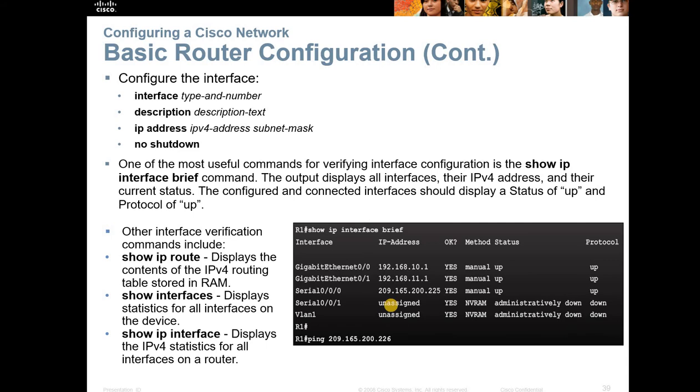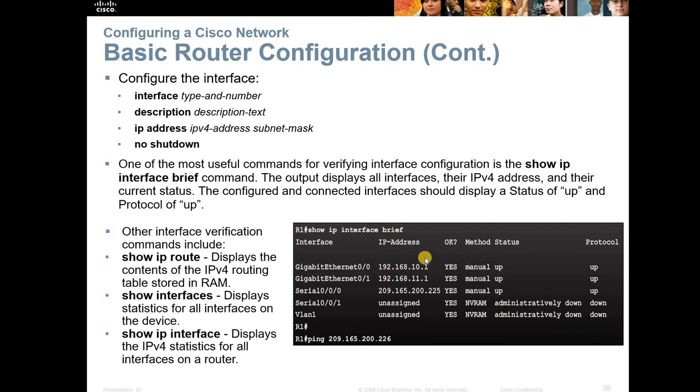One of the most useful commands for verifying interface configuration is the show IP interface brief command. The output displays all interfaces and their IPv4 addresses. You can see in the diagram all interfaces, GigabitEthernet 0/0, their IP address, and their current status, which is up or down.